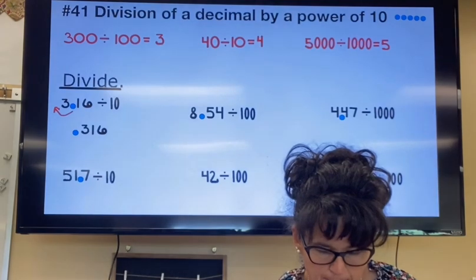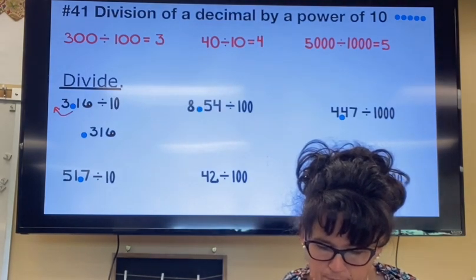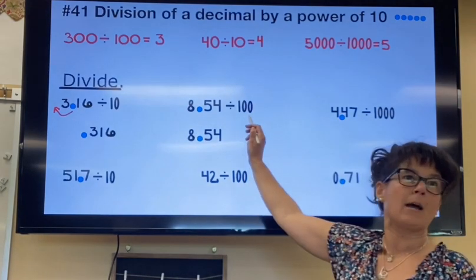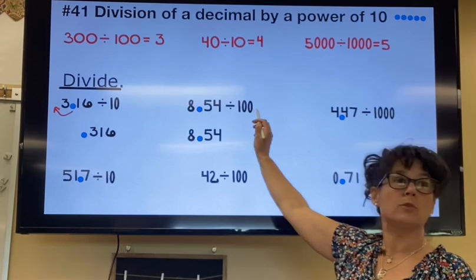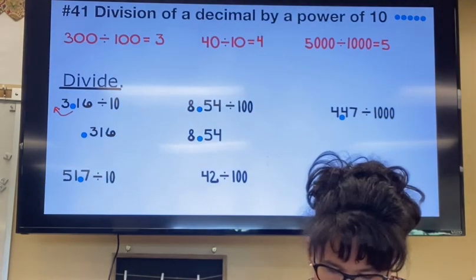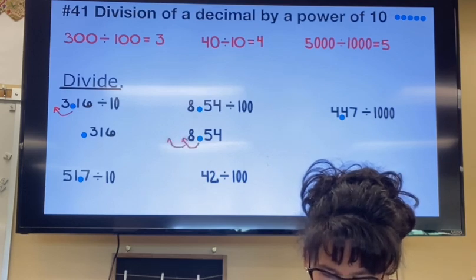Now, this one here, because we're dividing by 100, we have 2 zeros. So we're going to move the decimal back 2 places.